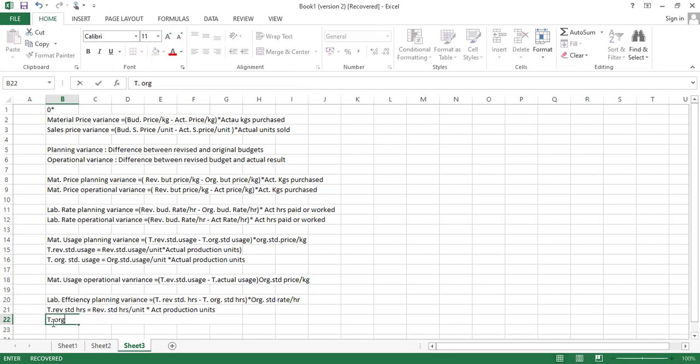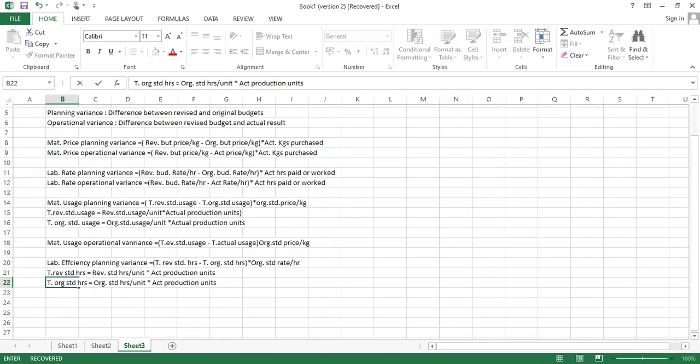Total original standard hours is equal to original standard hours per unit into actual production units.